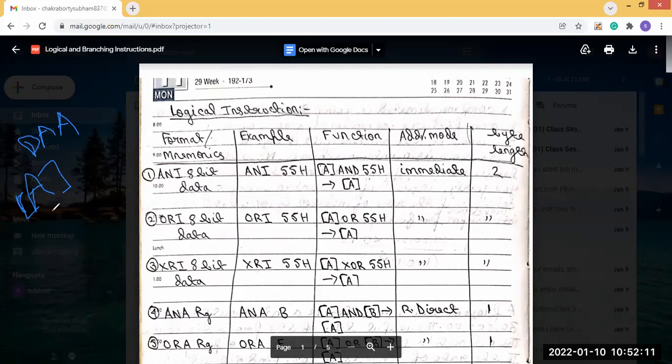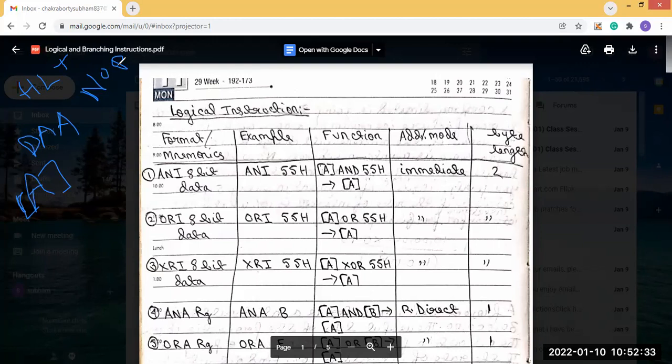Another one is, let's say, the HLT command, halt, like NOP, no operation. All these commands are implicit addressing, we call it the implicit addressing mode.